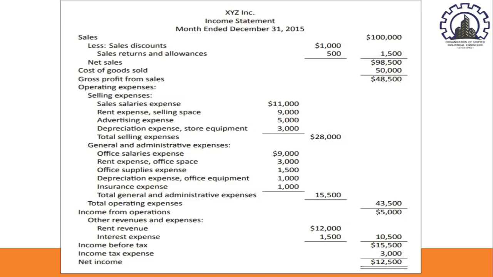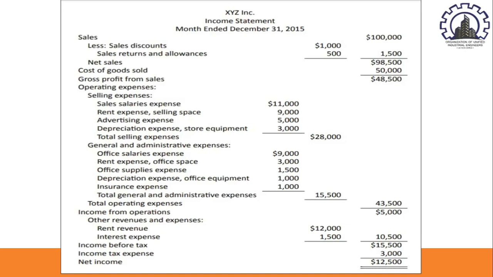The normal operating activity for XYZ Incorporated is merchandising. So this is a merchandising type of business. Revenues and expenses that are not part of normal operating activities are listed under other revenues and expenses.